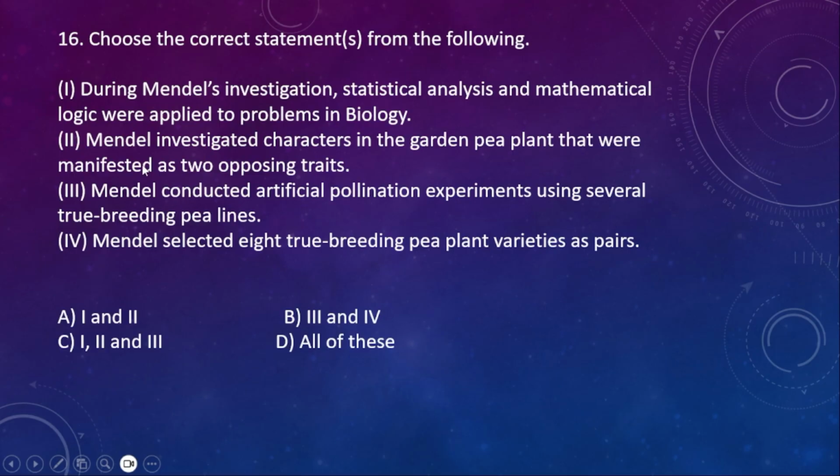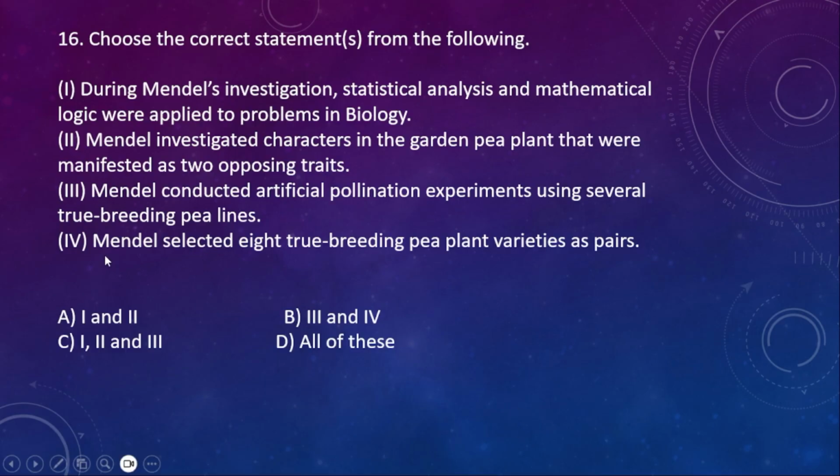Second, Mendel investigated characters in the garden pea plant that were manifested as two opposing traits. Of course this is also right. Third, Mendel conducted artificial pollination experiments using several true breeding pea lines. Yes, this one is also true.